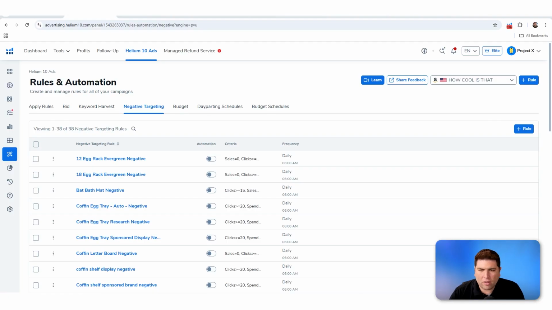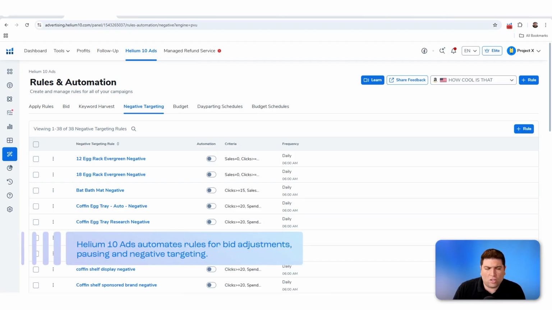And then after you get all the data you want, now you've got to go back into Seller Central, find that campaign, make the necessary change, whether it be negative matching, pausing a target, adjusting a bid, etc. And so obviously as you grow, you can kind of imagine how much time it might take you. So in Helium 10 Ads, I just took a lot of time setting up different rules.